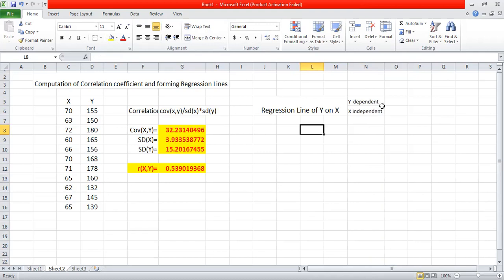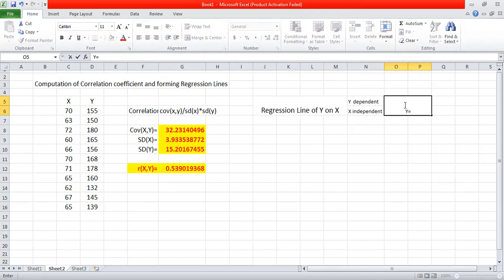What is the equation we write of the regression line? Generally, we write y minus y bar equals byx into x minus x bar. By simplifying that, it passes through the point x bar, y bar.